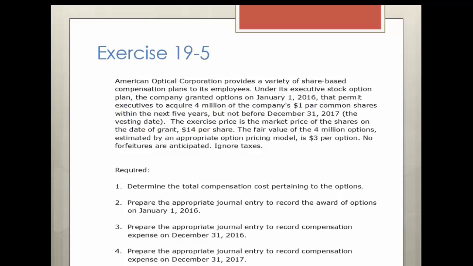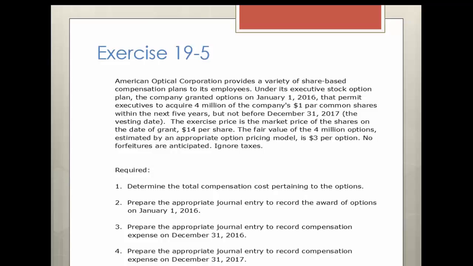In the next problem, we have American Optical Corporation, which provides a variety of share-based compensation plans to its employees. Under its executive stock option plan, the company grants options. Now you notice here that we are granting options. We're not issuing stock. So we're granting options on January 1st, 2016 that permit, keyword here is permit, executives to acquire 4 million of the company's $1 par value common stock within the next 5 years, but not before December 31st, 2017, the vesting date.